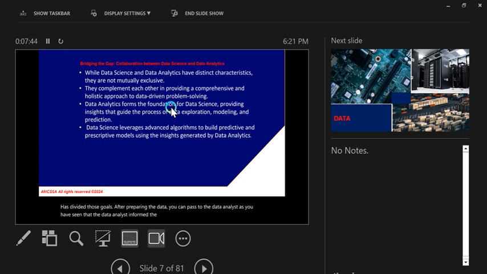The analysts provide the insights that guide the process of data exploration. After the data analyst looks at it, they pass it to the data scientist, who is able to build the models and proceed from there. That's how they can collaborate in organizations that have those specific people.